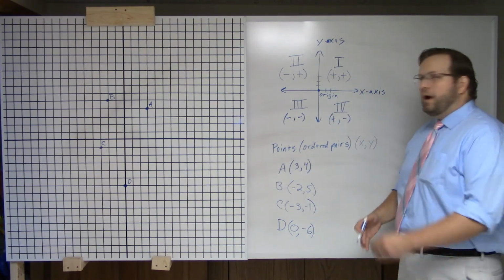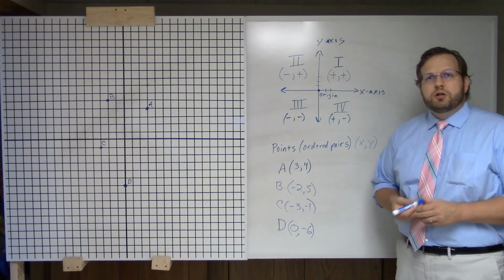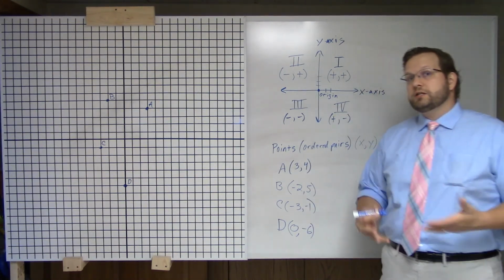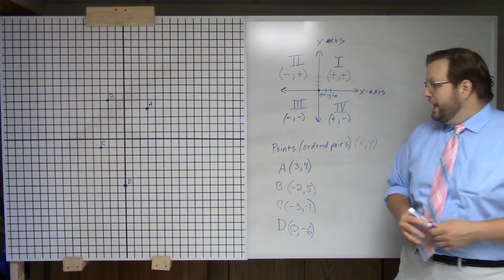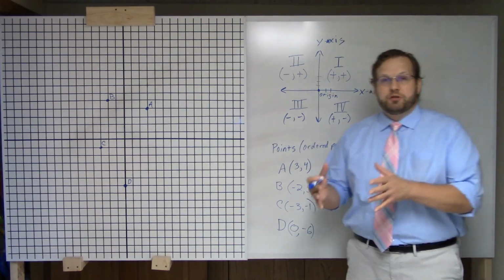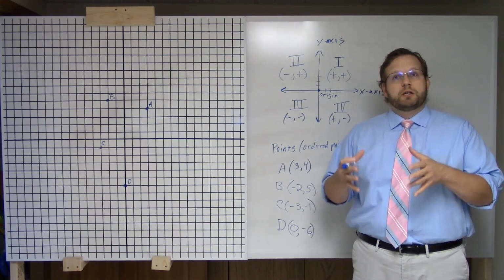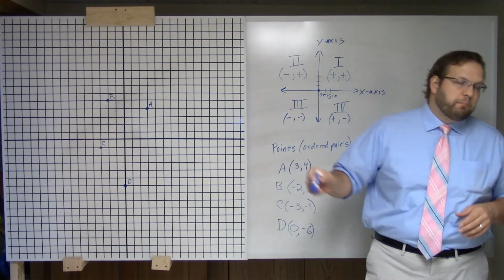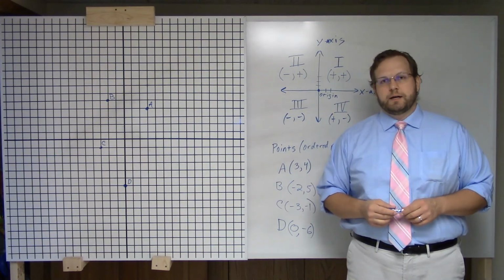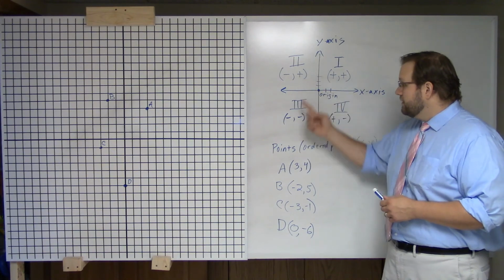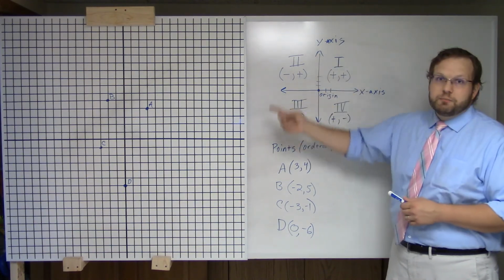Now, why do we care about that? If we can learn some generalities, we don't have to graph anything to know where it's supposed to be. And when we get into trigonometry later on, not in this course, but in later courses, there's going to be something called a unit circle that has a bunch of ordered pairs that you have to memorize around it. If you know these rules here, you don't have to memorize the points all the way around.